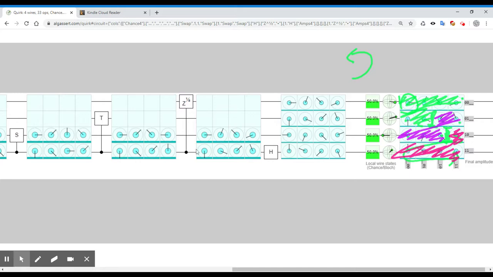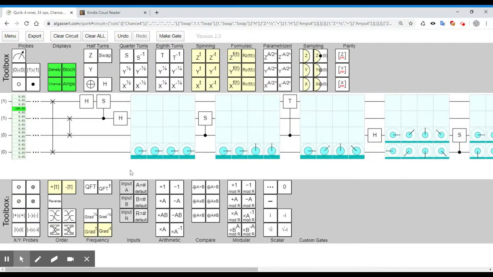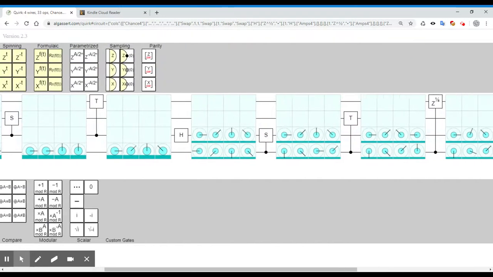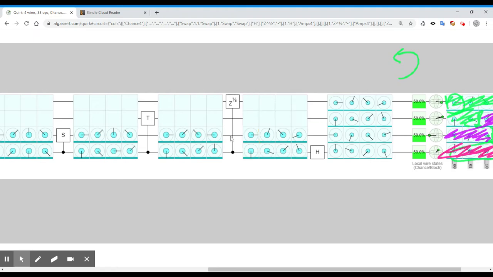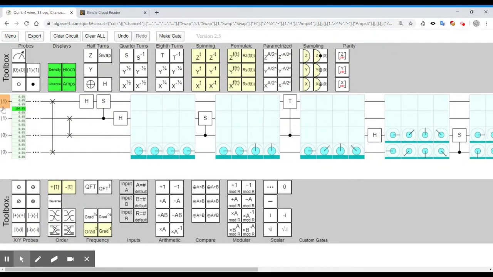You want to control those rotations. You want to control rotations for all the qubits below, or above in this case, the ones that are following this qubit.